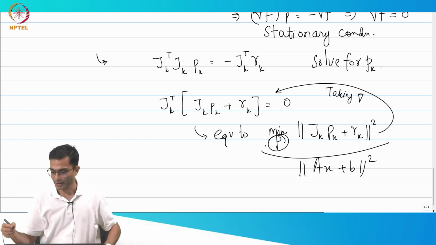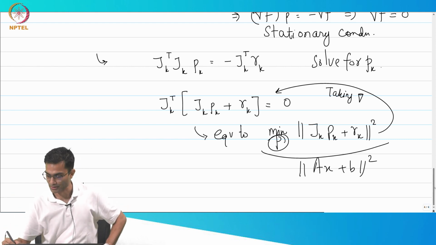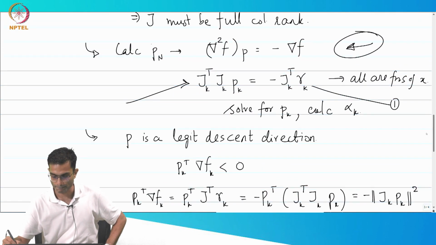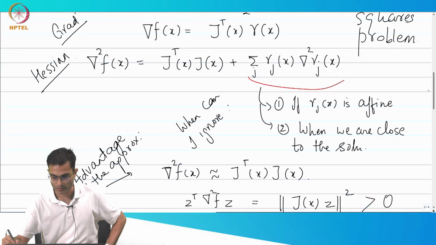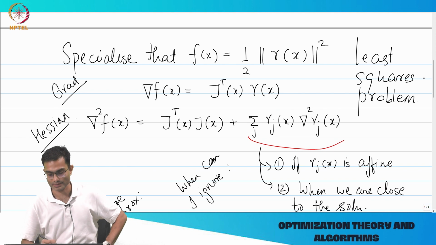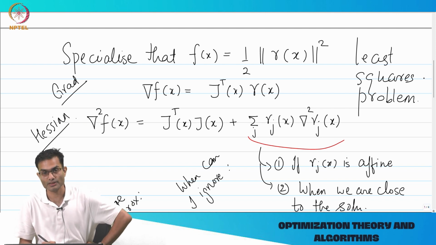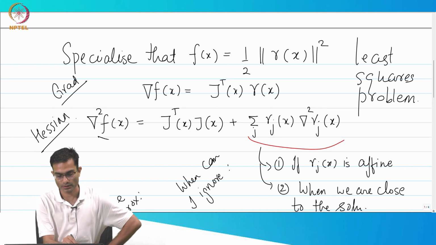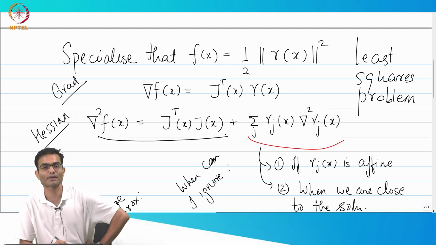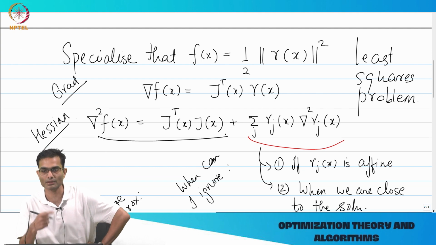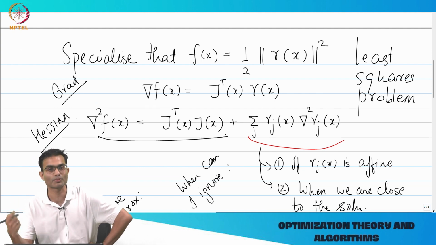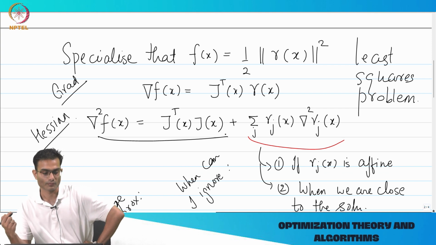Okay, so he didn't get how this is non-linear least squares. The point is, let's look at the Hessian. If this were a linear least squares problem, your Hessian here would be constant. It would not be J as a function of x, it would be constant. Here the trouble is that at each step your Jacobian is going to change.